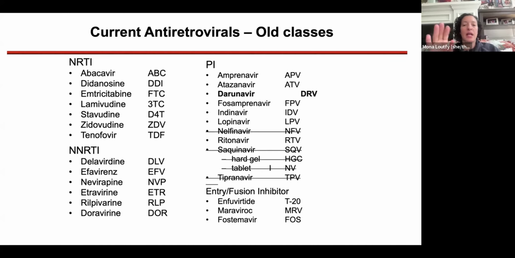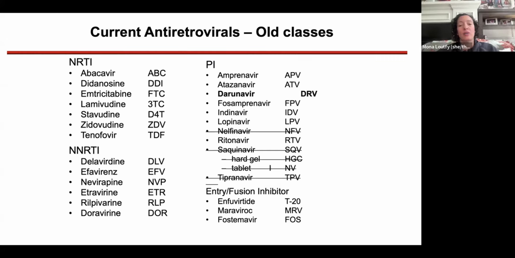With this class of drugs, protease inhibitors, you have to take so many pills because when you take it orally, not enough of the drug level ends up in the blood or where it needs to go in the cell. So what we do with these drugs is we boost them.